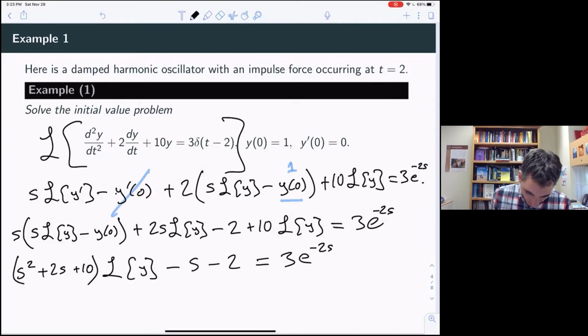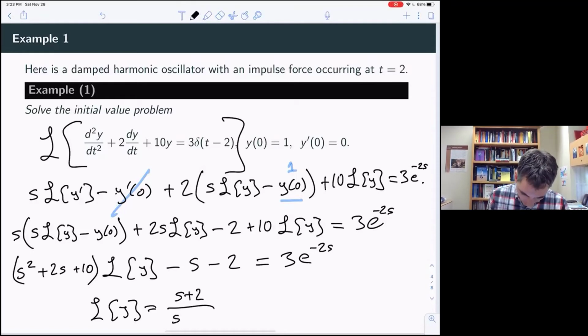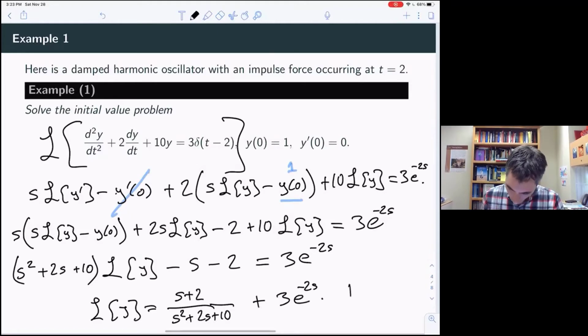And so then L of y should equal basically s plus 2 over s squared plus 2s plus 10 plus 3e to the minus 2s times 1 over s squared plus 2s plus 10, just like that.